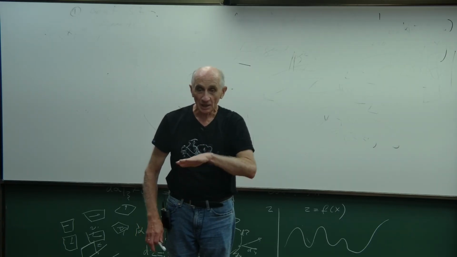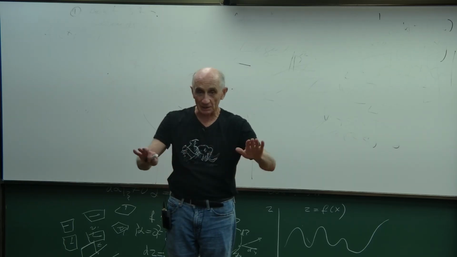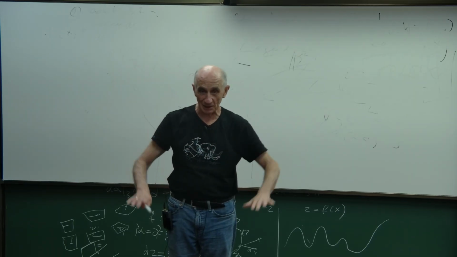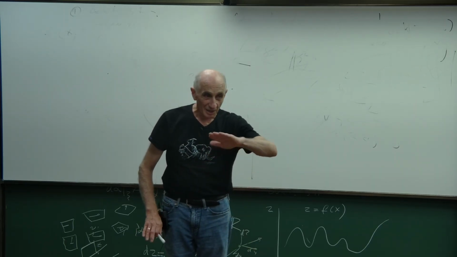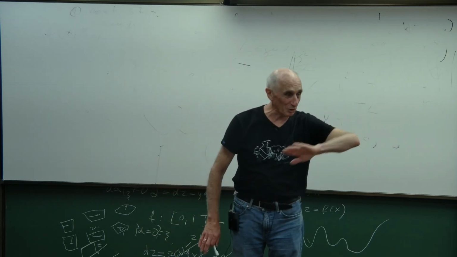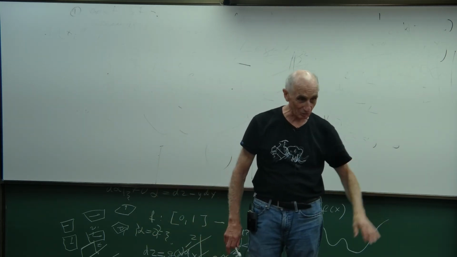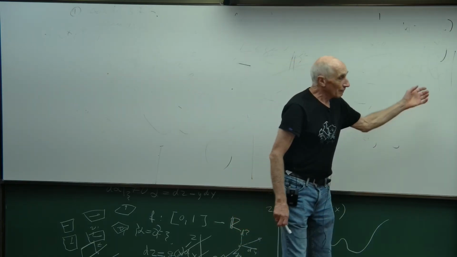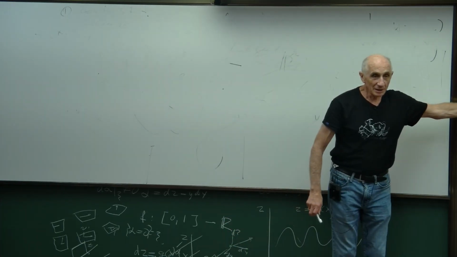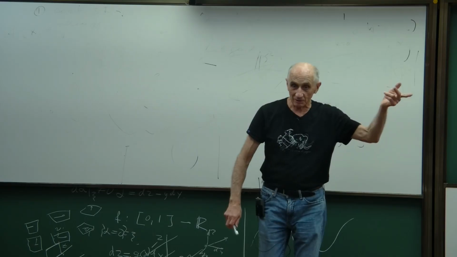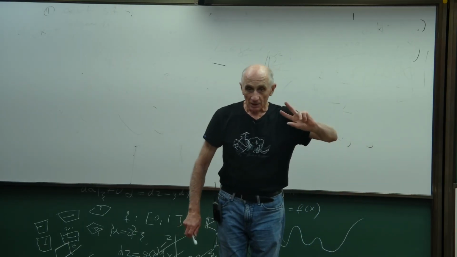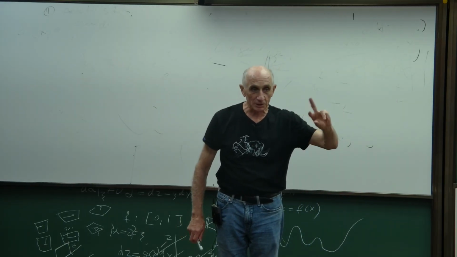So any transformation of the plane which preserves geometry, the scalar product, is in fact a rotation around some point or a reflection around some line, nothing more.